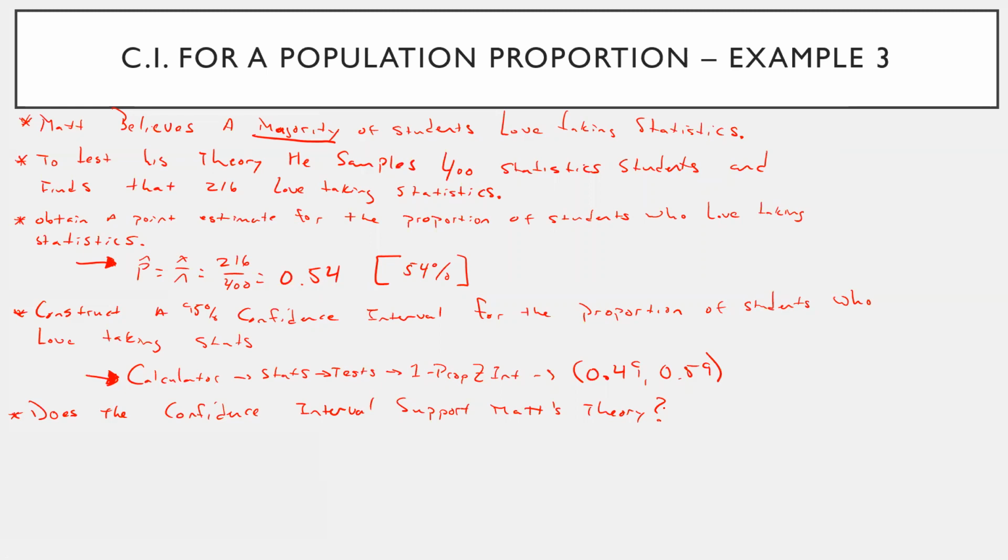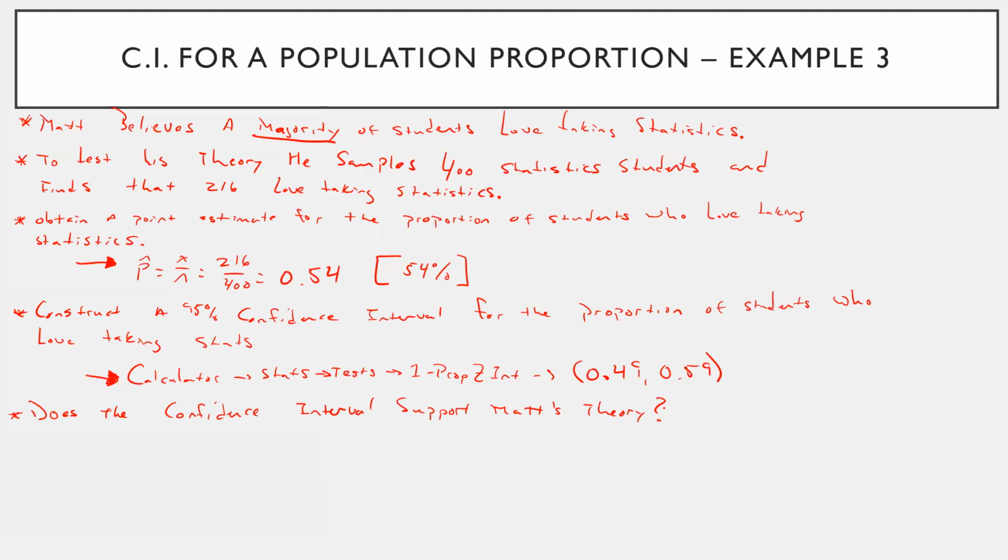Yeah. So here's the thing, and this is why when you see polls on television, you really have to pay attention to the margin of error. Okay. So look, I talked to 400 students and said 54% of them love taking statistics, but that's not the real value. It's probably close to that, but that's not the real proportion of students who love taking stats.